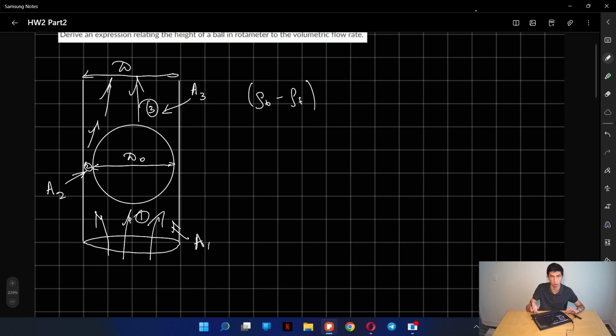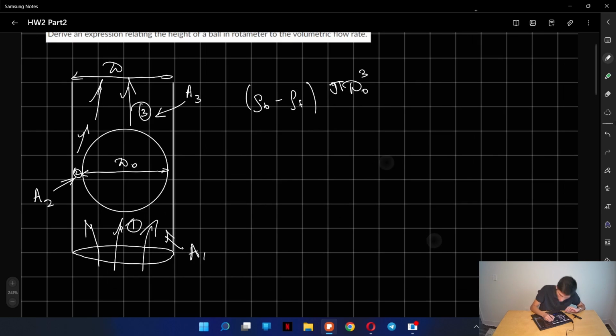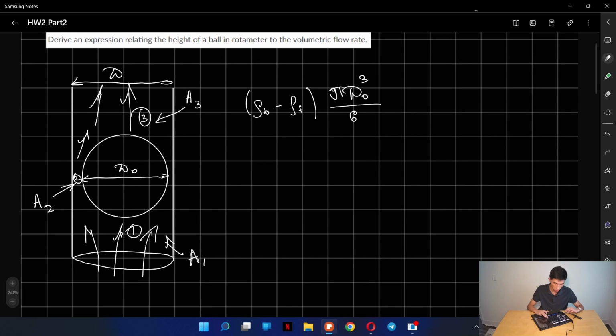The volume of a ball is pi r cubed times 4 over 3, but we're considering it with the diameter, so that's pi D0 cubed over 6.